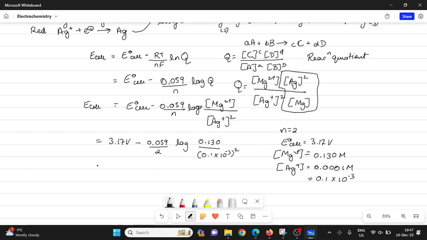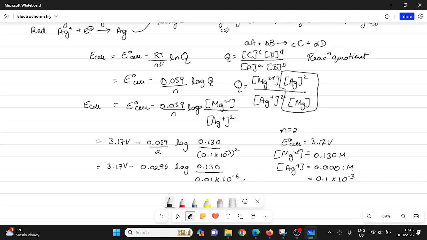We are going to simplify in each step. 0.059 divided by 2 is 0.0295 log 0.130 divided by 0.01, because 0.1 squared equals 0.01, and 10 to the power minus 3 to the power 2 is going to be 10 to the power minus 6.